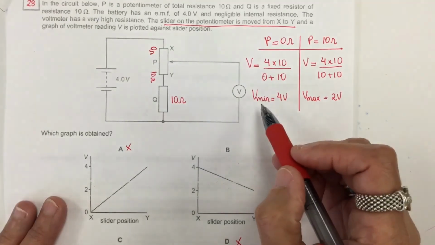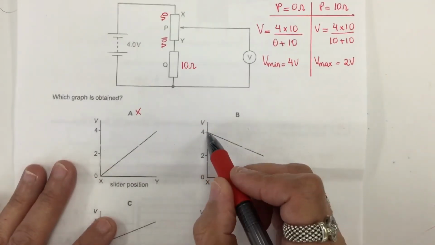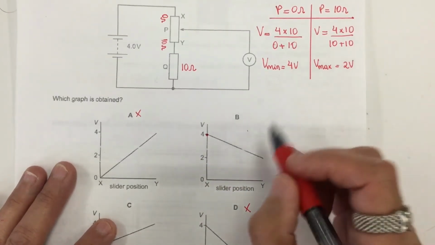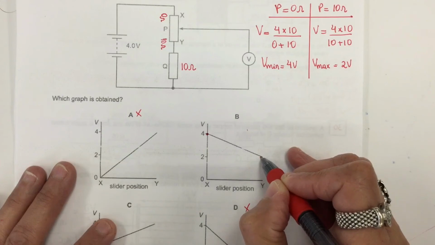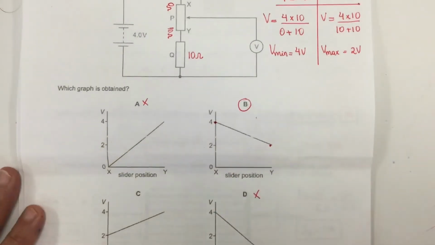So our V minimum is 4, so we start right here, and the maximum value will be 2. So option B is the correct one.